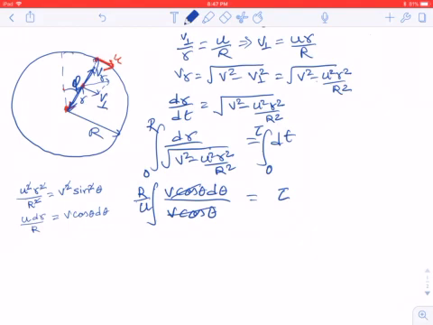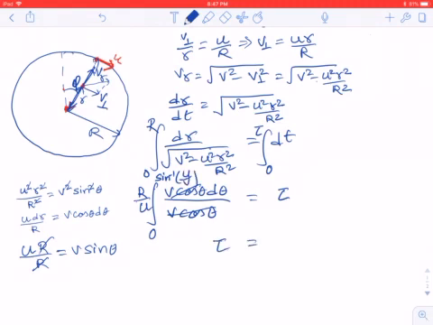Initially since small r is 0, theta must be 0, and finally small r is equal to capital R, so you get u into R by R is equal to v into sine theta. So that's why the final theta you can write as sine inverse of u by v.